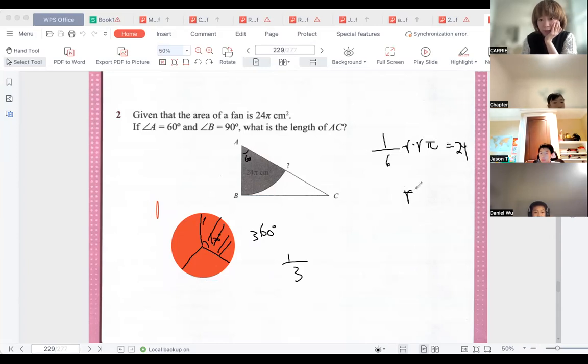So everybody, could you please find out what is R? All we can say, what is AB equal to? Can you do it for me? Okay, can you please find out? I gave you the equation already.